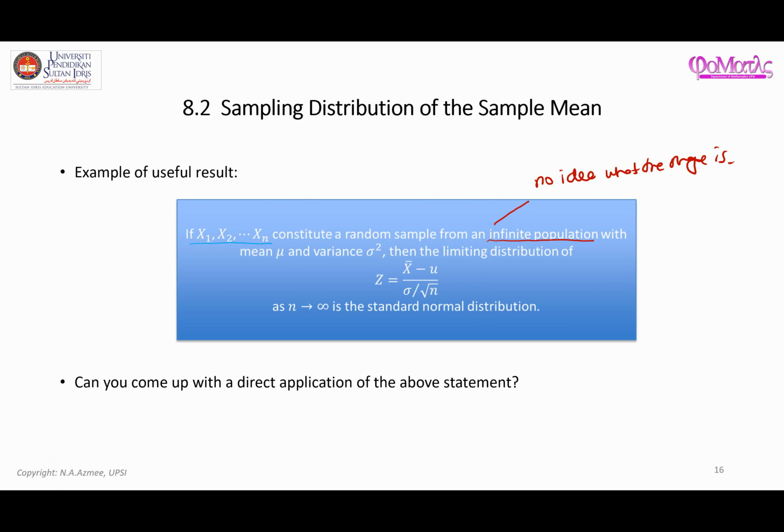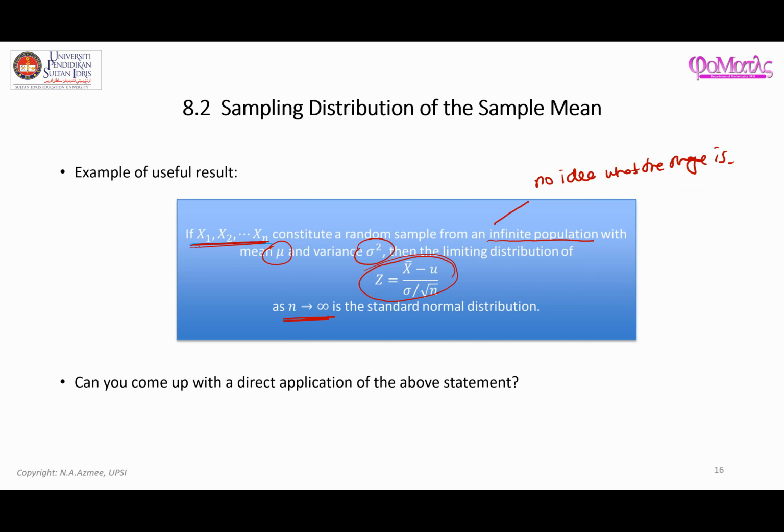But we know that it has mean mu and variance sigma squared. Therefore, if you take a large sample, so n is approaching infinity, that means you have a large number of data, the result here is going to be a standard normal distribution.